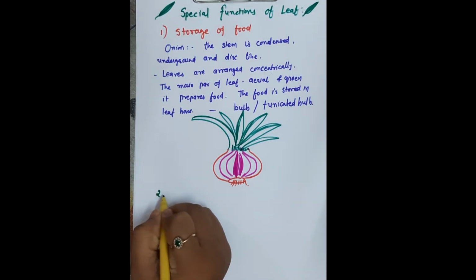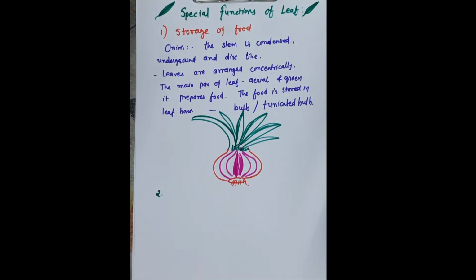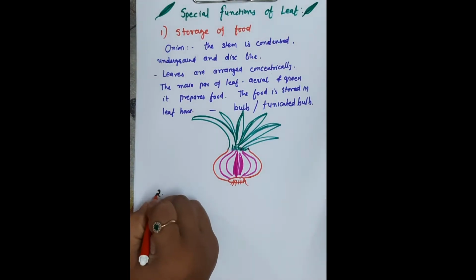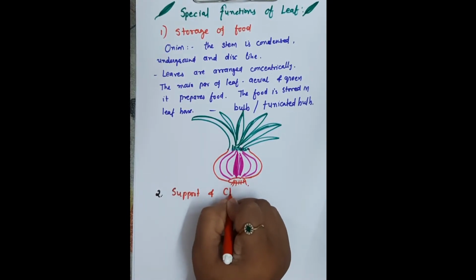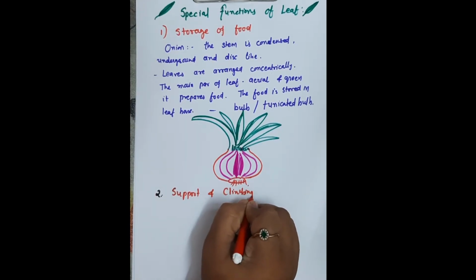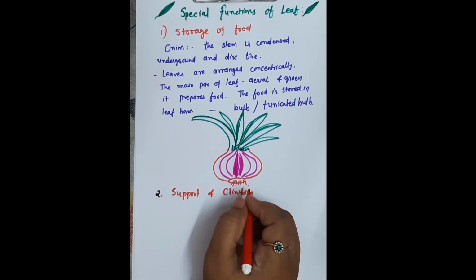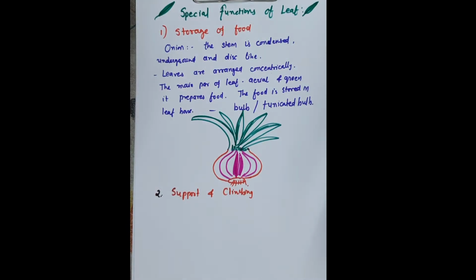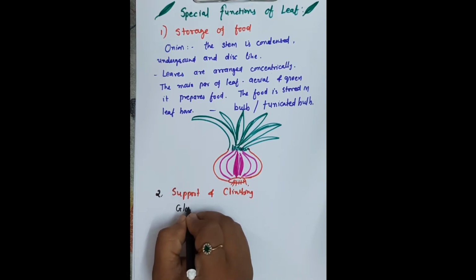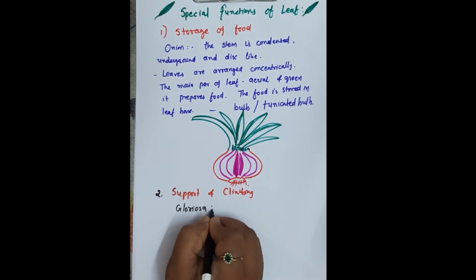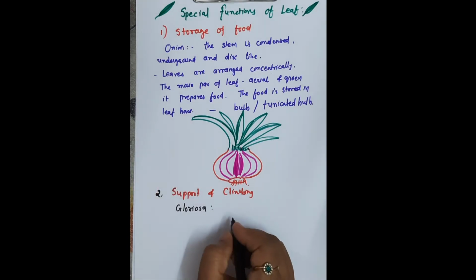Now second is modification for support and climbing. For support and climbing, the modification of leaf occurs, just like when we talk about gloriosa superba, जिसको गुजराती में कंकास नहीं बोलते हैं.